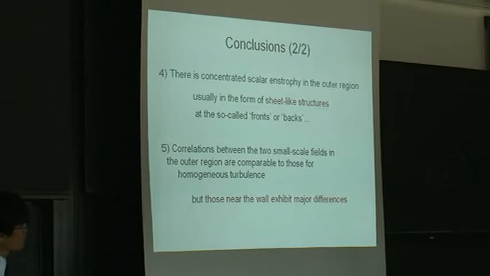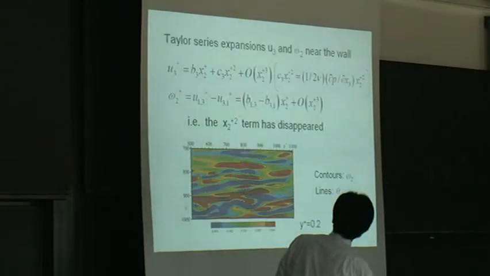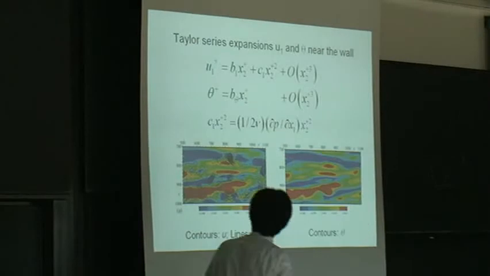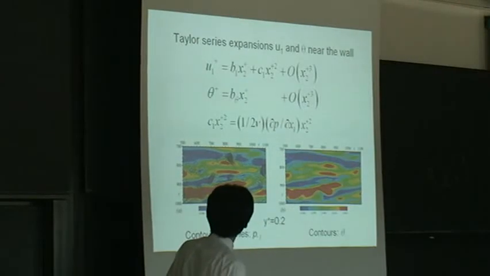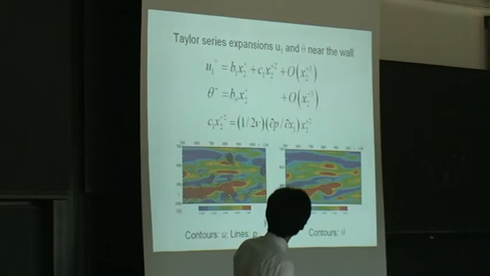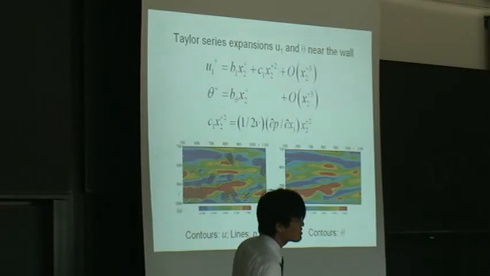Do you have any explanation? In the conclusion, the connection between omega 1 and pressure gradient, right? As you said.